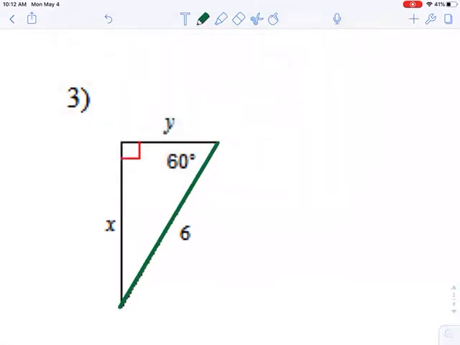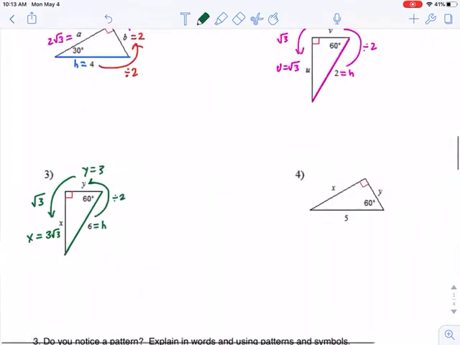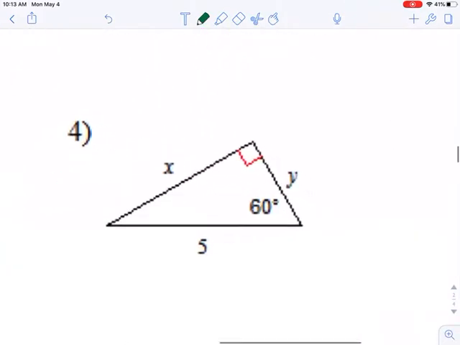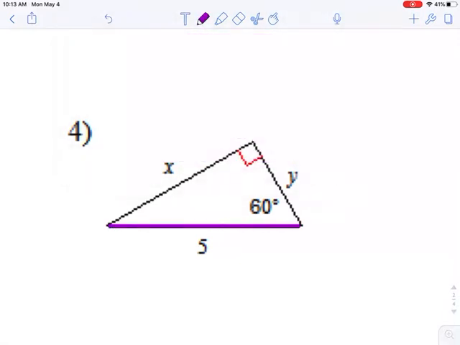Over here, just cruising right along. Given the hypotenuse is 6. Divide by 2. y equals 3. To get the long leg, multiply by radical 3. So 3 radical 3. Whew, look how much, man, we're just flying. Doing so good. I'm almost proud of you guys.